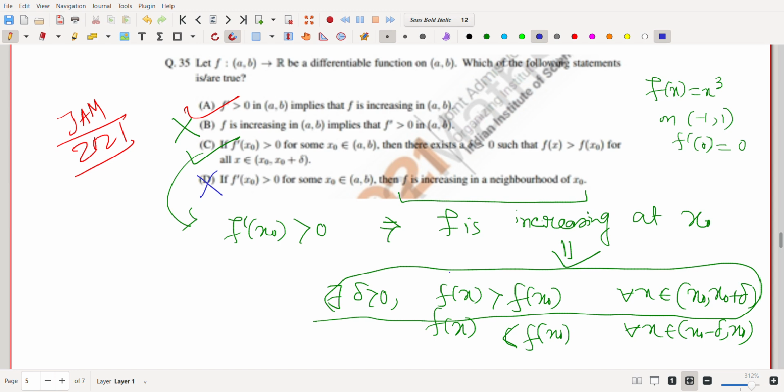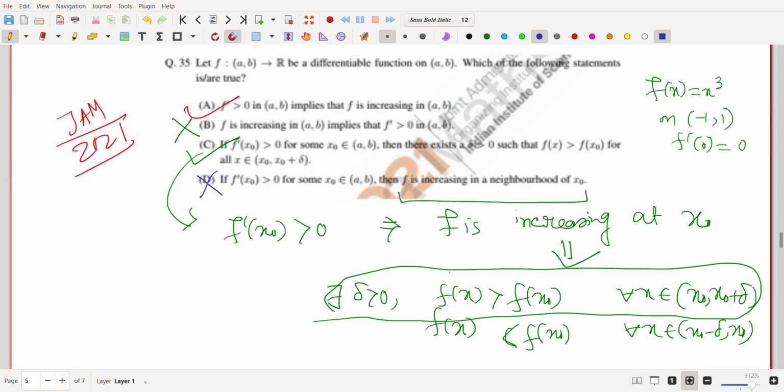But the third option is saying that f is increasing at some point a. Here the point is x naught, and that has a different meaning, and that's why I first mentioned the two different concepts: a function being differentiable on an interval, and a function being increasing on an interval, and the function being increasing at some particular point, both have different meanings.